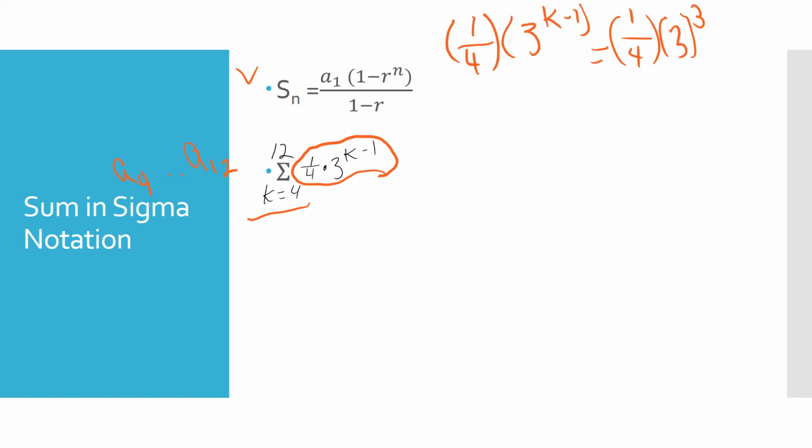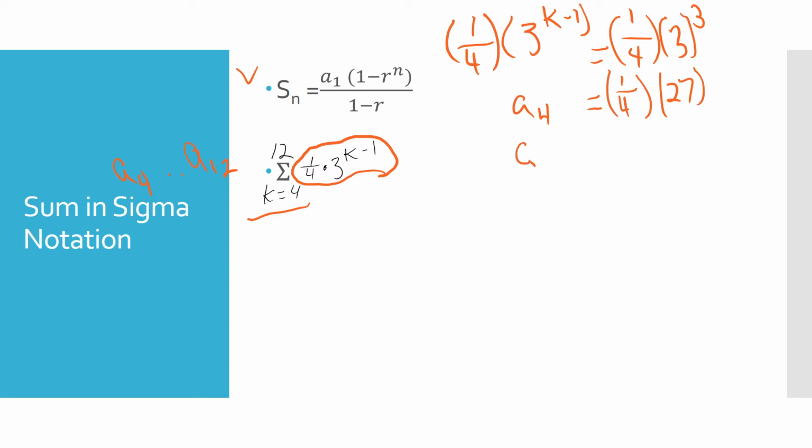So 1/4 times 3 cubed, and we're going to call this A4. 1/4 times 3 cubed, which is 27: 3 times 3 times 3. 3 times 3 is 9, and 9 times 3 is 27.